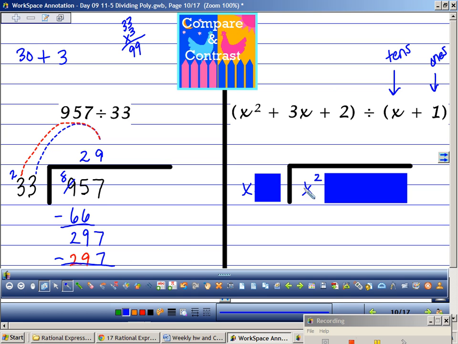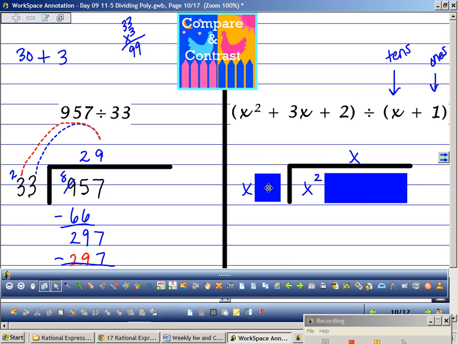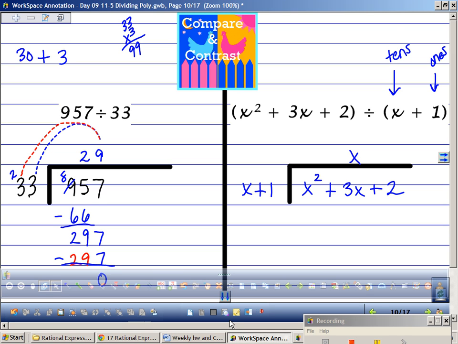So x goes into x how many times? X. Would I put the x in the hundredths place? No, x is going to go in the tens place. I'm going to uncover this. When you multiply, what do you multiply by? By the ones place first.